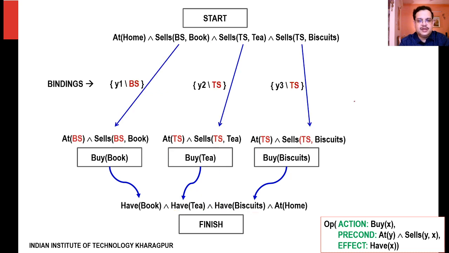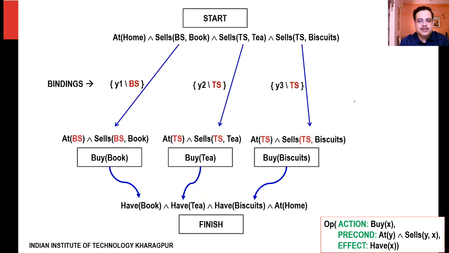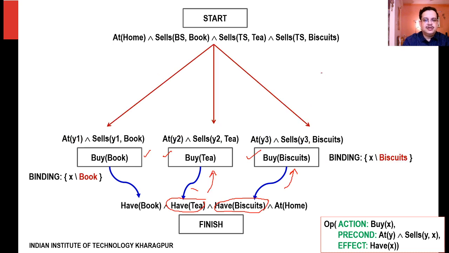In the next step, it's not necessary that at every point of time I need to add a new action to fulfill some sub goal. Sometimes the sub goal can be fulfilled through binding. For example, let's go back to the previous slide once again. Here, sells y1 book was one unfulfilled sub goal.